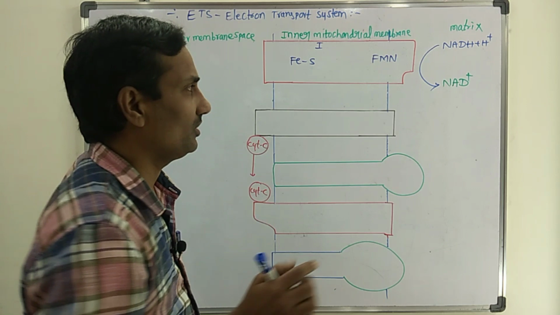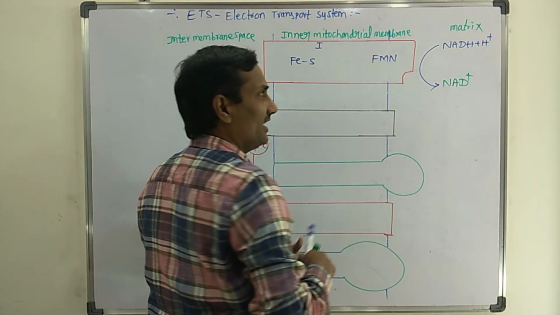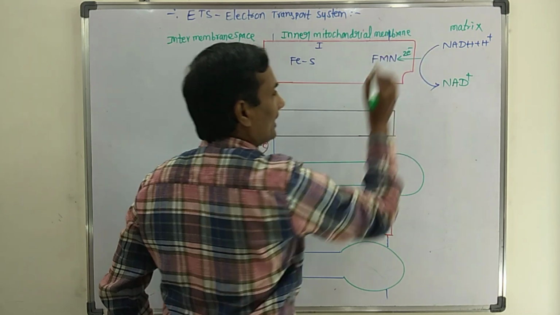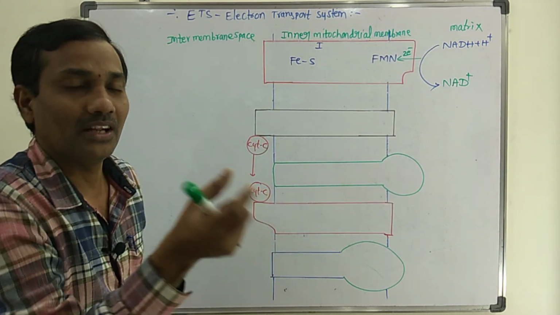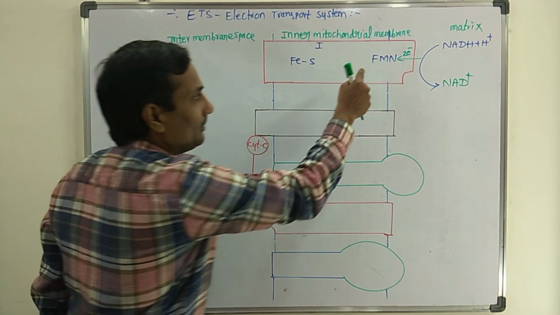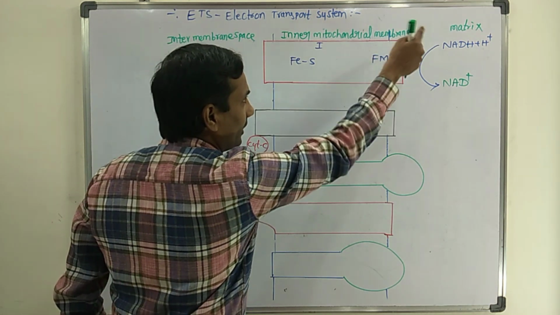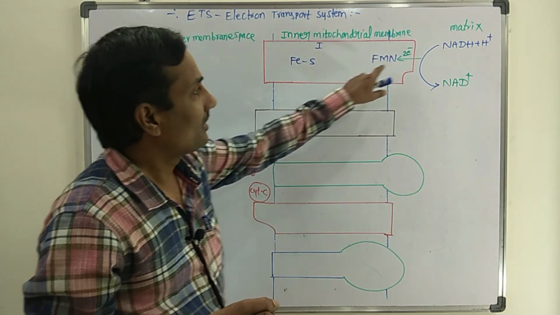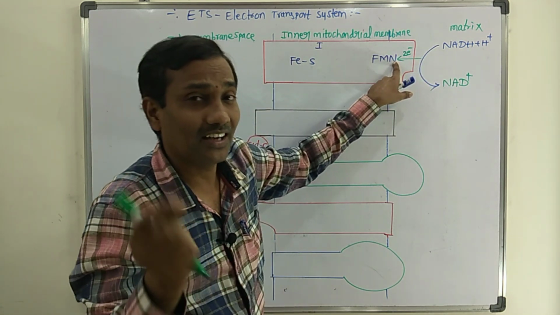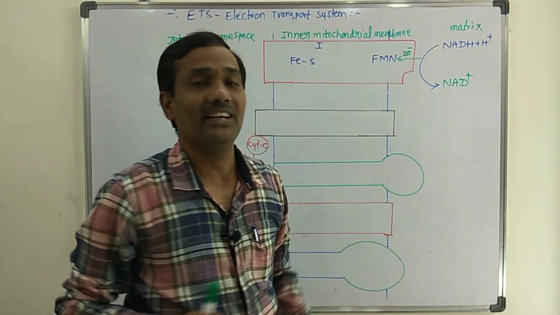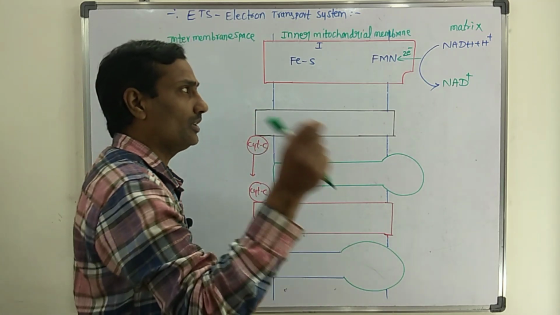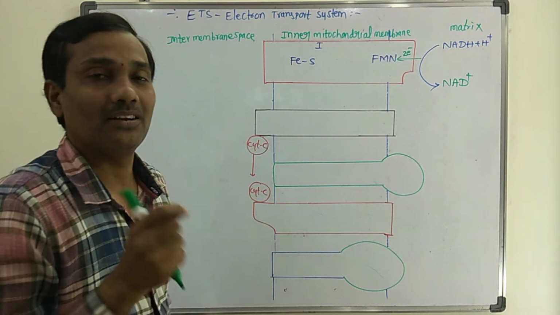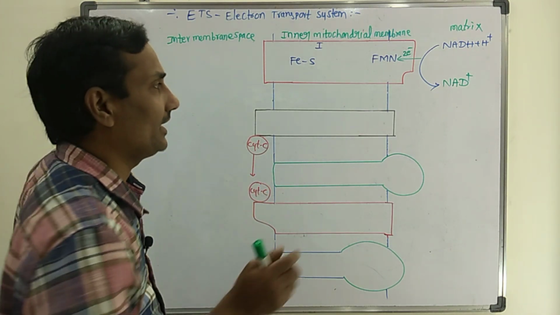Carefully observe here, because of oxidation of this NADH, what happens? 2 electrons are released. Those electrons are accepted by FMN, which is located towards the matrix. FMN is the first electron acceptor. Whatever electrons are released from NADH H plus during oxidation are accepted by FMN, flavin mononucleotide.